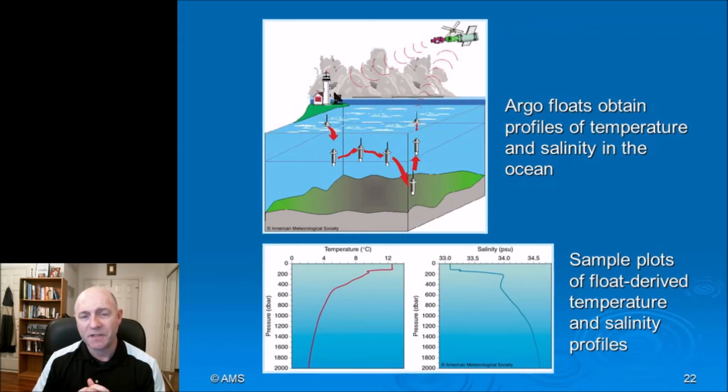These give us some idea of a temperature and salinity profile in the ocean. And the warmest part of the ocean, as you might guess, is at the very top, and it gets much, much colder as you go down to the bottom because you're not getting a lot of sunlight 2,000 meters down into the ocean.